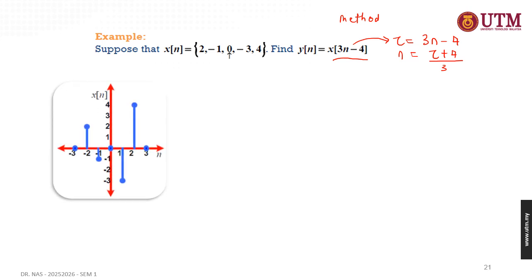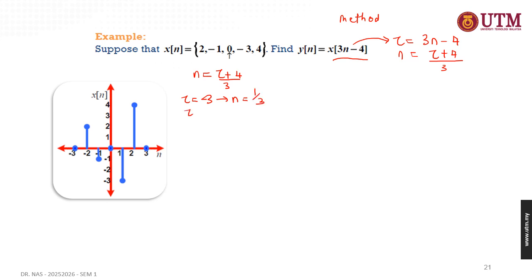So you need to calculate the n new based on tau. Okay, for example, you have this signal. So let's calculate what is your n. Here n equal to tau plus 4 divided by 3. So when tau equal to minus 3, your n equal to negative 1 over 3.